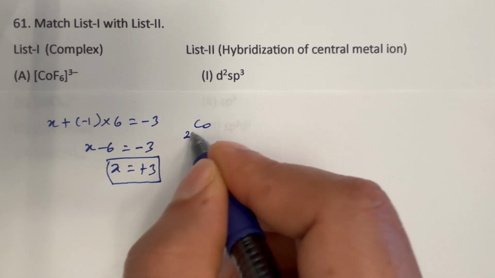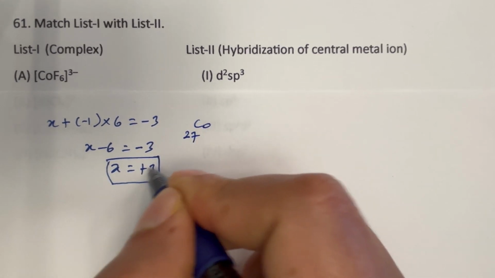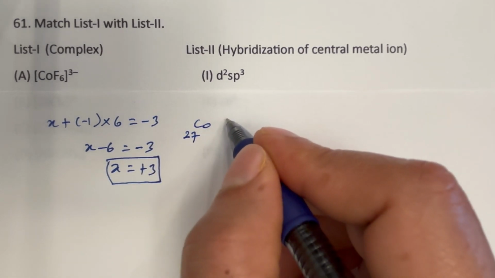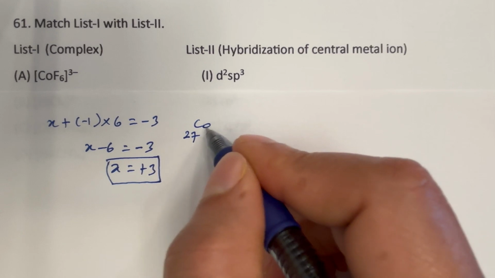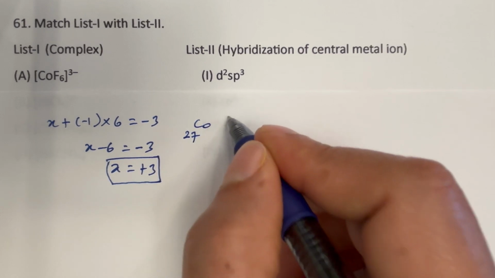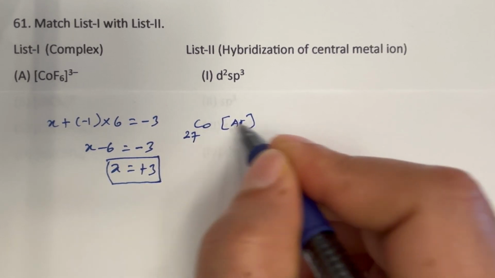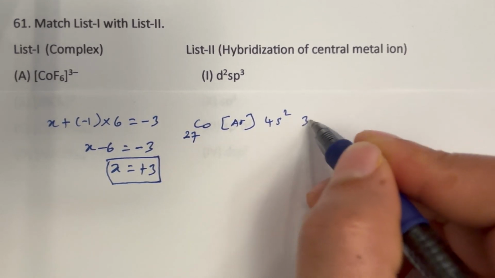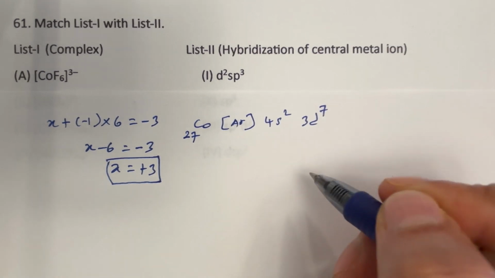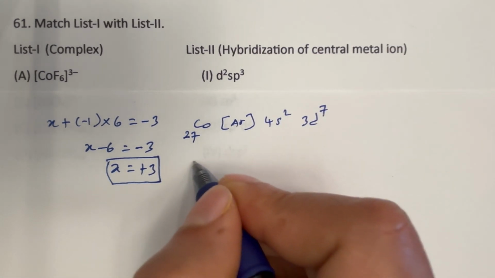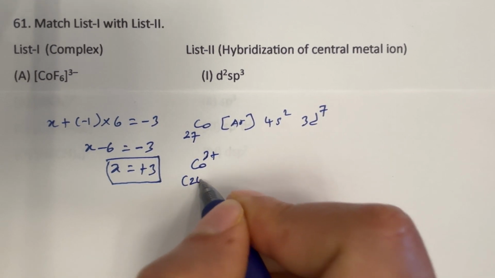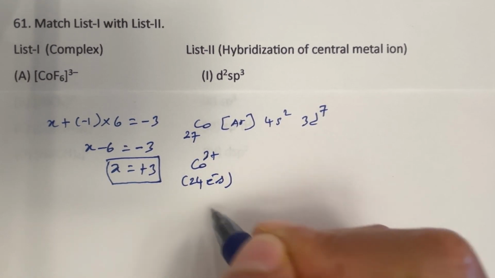Cobalt atomic number is 27, but here it is in plus 3 oxidation state. So, the electronic configuration of neutral cobalt will be argon 18 electrons, 4s2 20, then 3d 7. However, when it is in plus 3 oxidation state, we now have only 24 electrons.